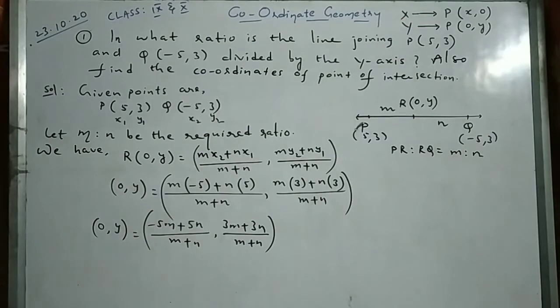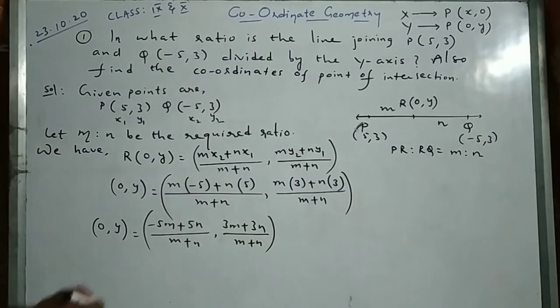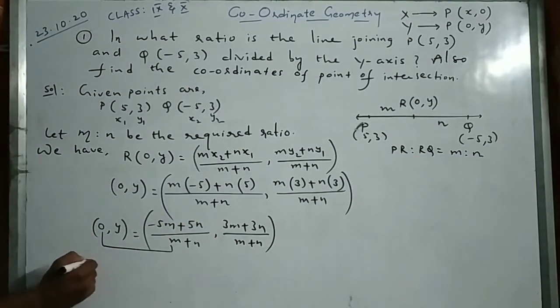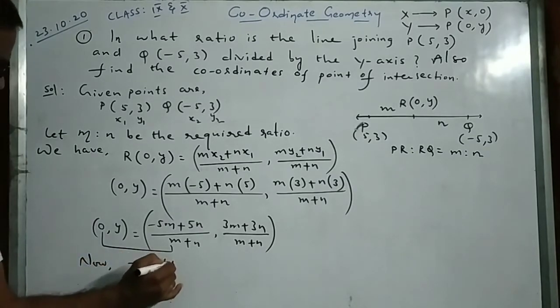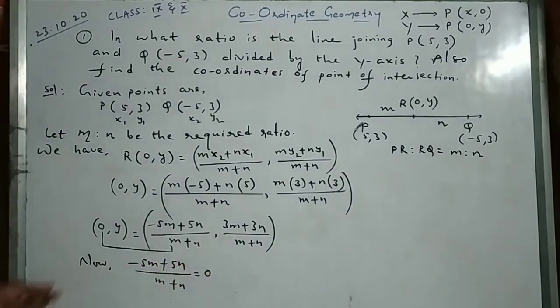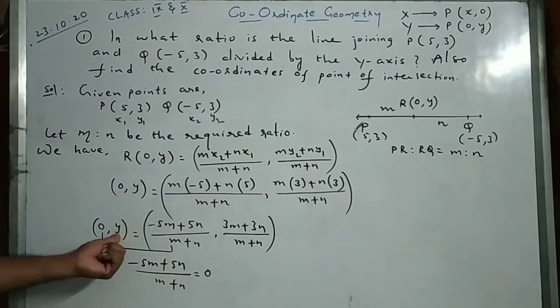Now this is one ordered pair and this is one ordered pair. So by the definition of equality of ordered pairs, I can take the x coordinate and make it equal to 0, right? Now I can take minus 5m plus 5n upon m plus n equal to 0. We can make it equal, but this we cannot take because I don't know the value of y here.